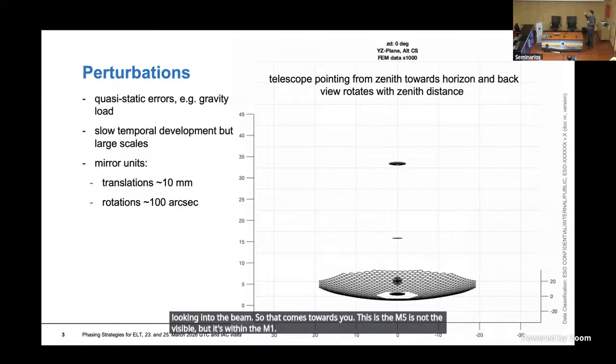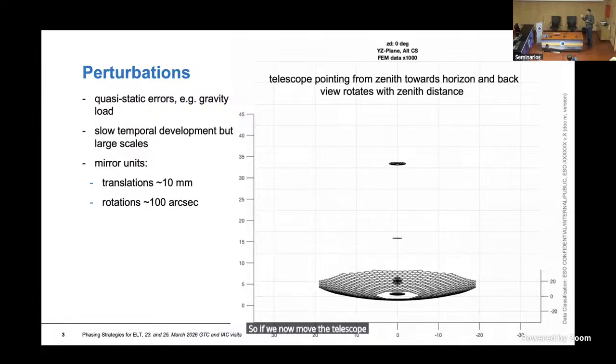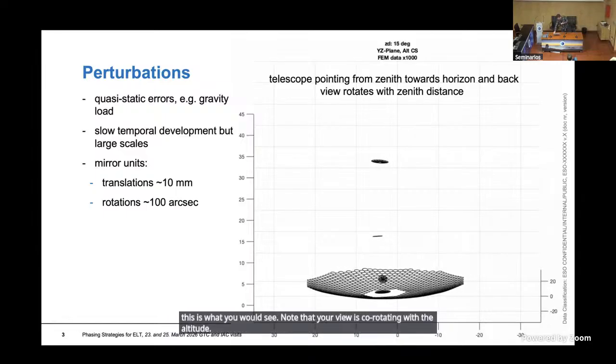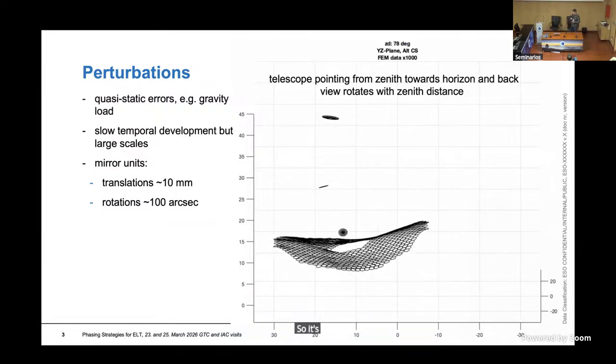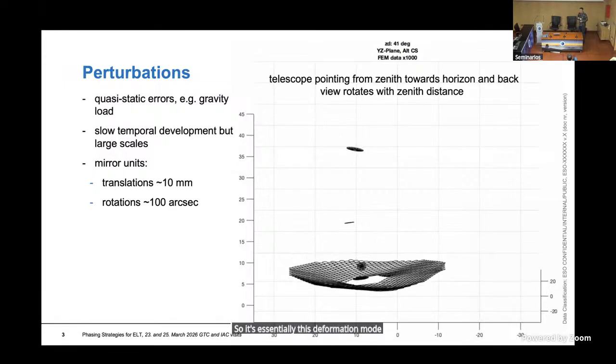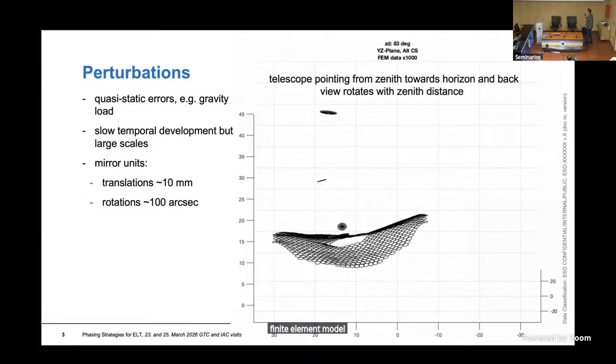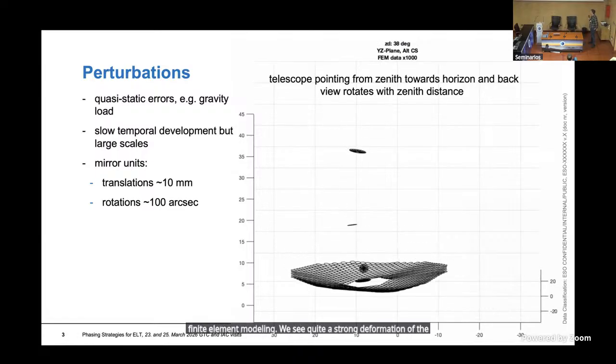If we now move the telescope from zenith towards horizon, this is what you would see. Note that your view is co-rotating with the altitude. So it's essentially this deformation mode. This is a result from finite element modeling. You see quite a strong deformation of the M1 back structure.